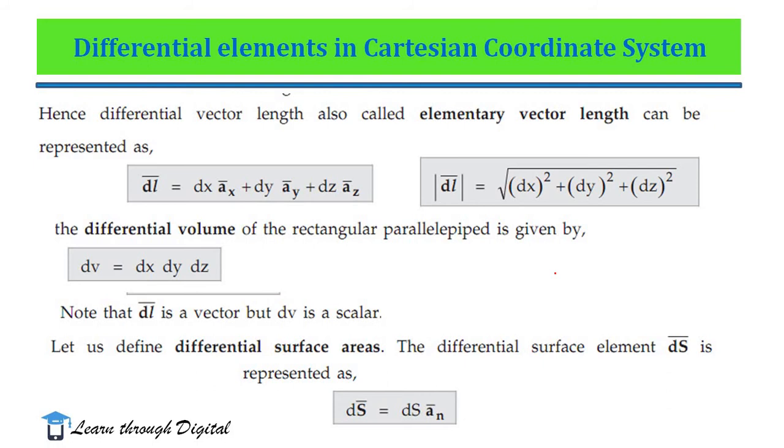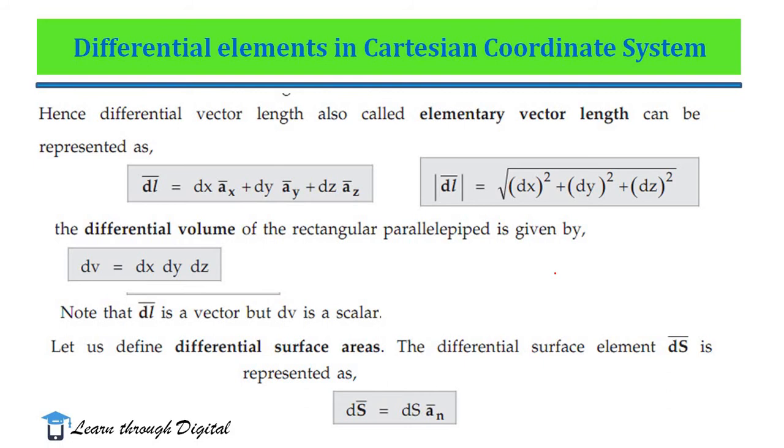Modulus of dl vector is equal to root of dx square plus dy square plus dz square. So this is the vector joining original point P to new point P dash. dl vector is the vector joining original point P to new point P dash.